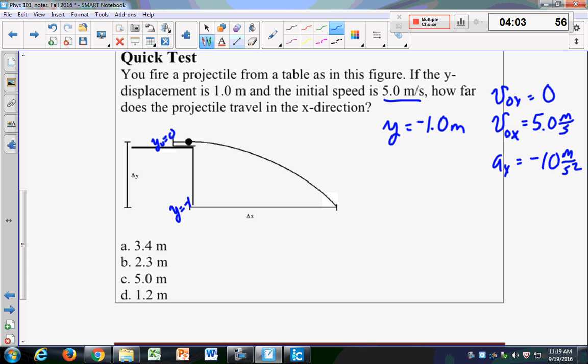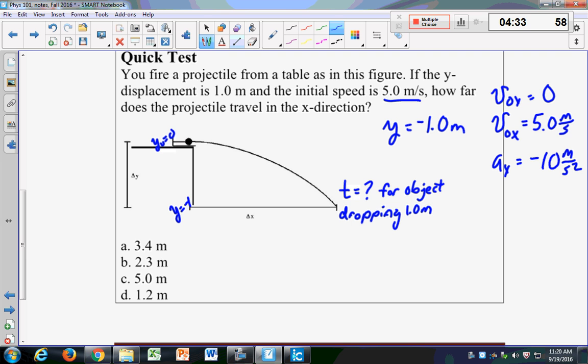Okay? And now the two steps that you need to do is to find what the time is equal to for an object dropping 2 meters. Is it 2 meters? No, 1 meter, I'm sorry. How long does it take for an object to go 1 meter above the floor down to the floor? And once you find that time, that's the hang time, if you will.